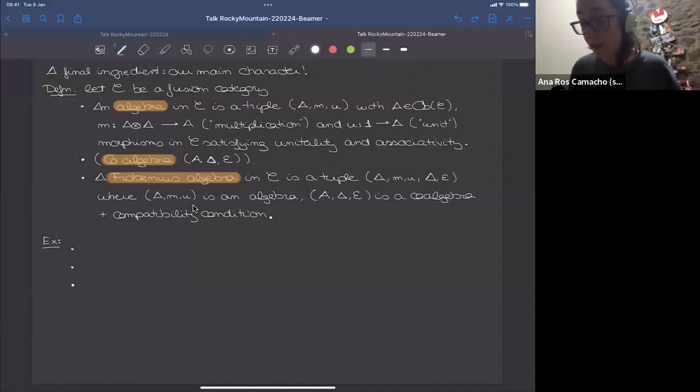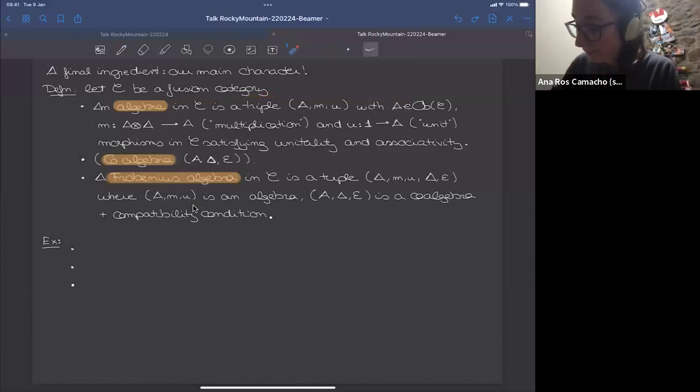So one is our main character, which is the definition of an algebra. By the way, I'm assuming here a fusion category, but algebras can be defined in a much more general setting. This is just a generalization of k-algebras to the categorical setting.